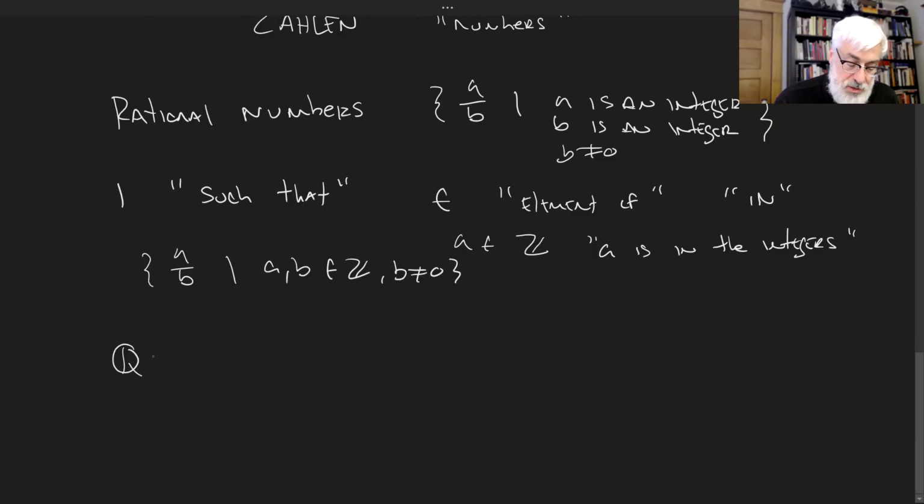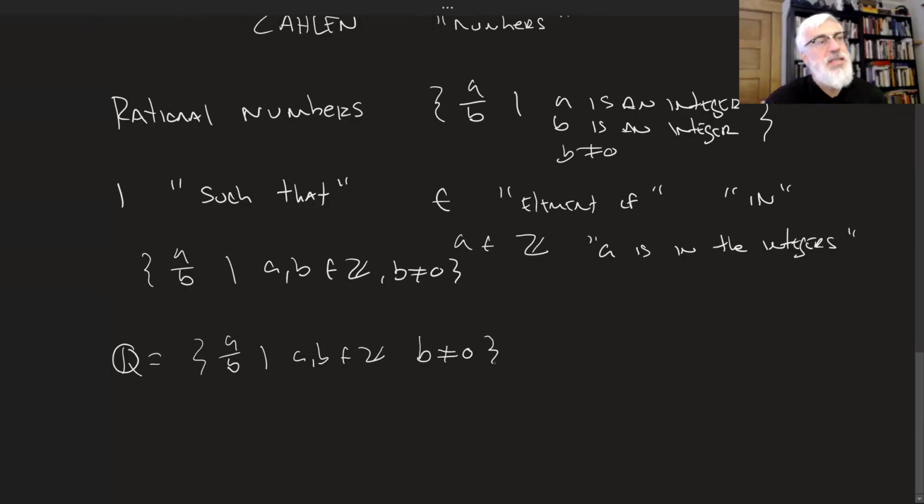This also has a special notation, the fancy Q, which again is a over b with a and b in the integers, where b is non-zero. Now notice we're not listing them like we did with the naturals, wholes, or integers. It's sufficient to write it this way. We could write out a bunch of rational numbers, but it's a little bit difficult.